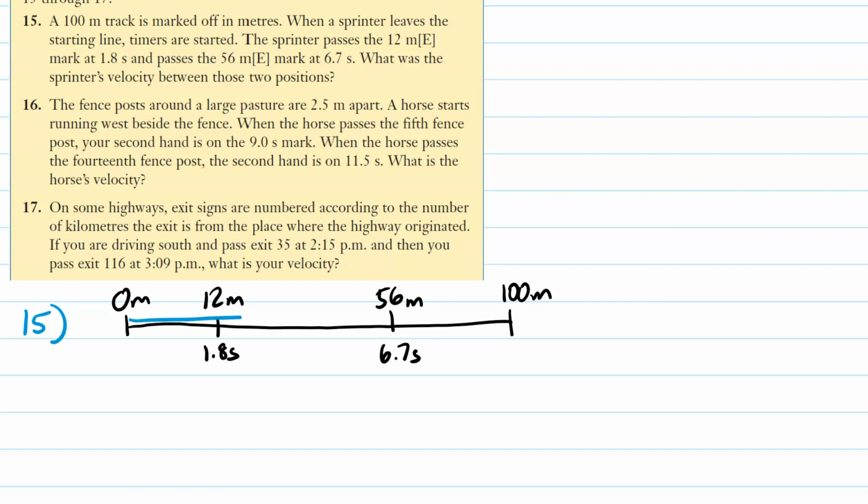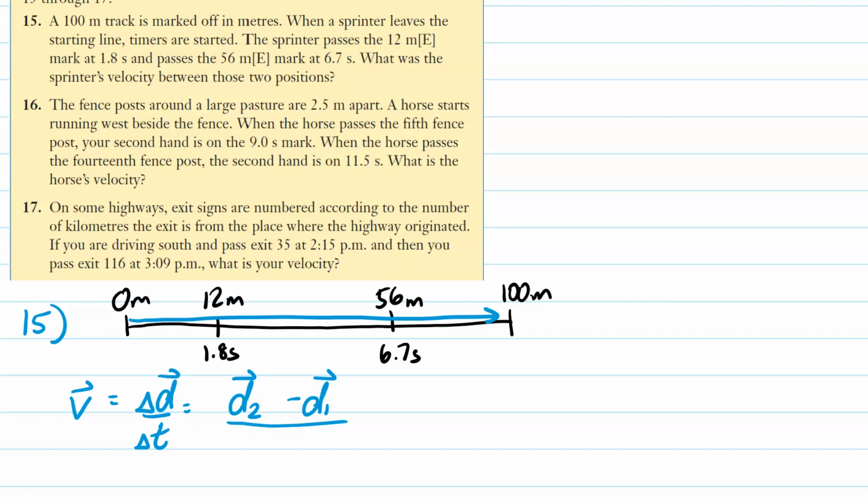The sprinter is traveling this way. And we want to figure out the velocity between those two positions. Okay, so velocity, which we know is displacement divided by time. But if we want the velocity between 2 points, then we should flesh out that equation and say the velocity is the displacement, as in the second position minus the first position, and the time would be time number 2 minus time number 1.